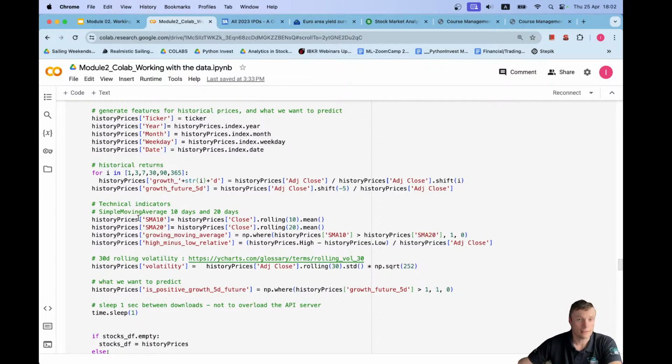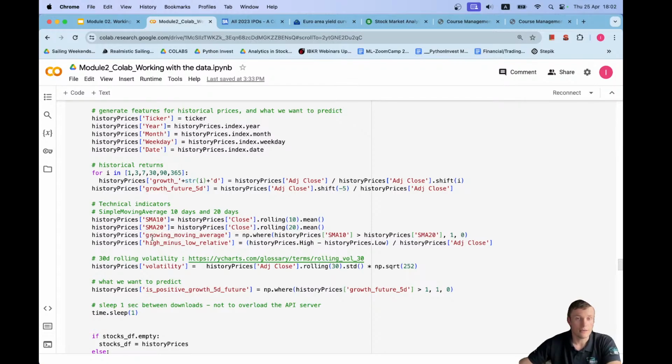We also define what is called technical indicators, simple moving average 10 and SMA 20 with one function call. So it is very fast to do. You can also define some additional metrics.